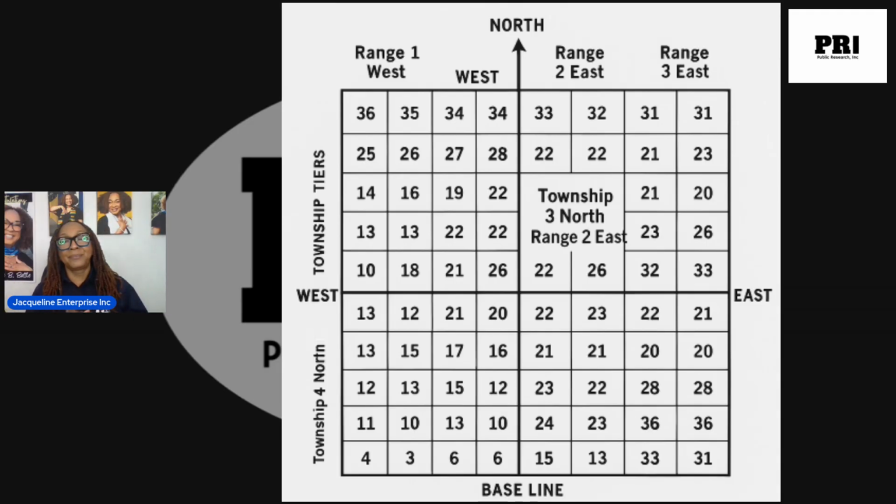We all know that. I just thought I'd say it to make sure you knew I was talking about the actual principal meridian. Okay, so it's similar to the township's north-south position, and it's defined as relative to the baseline. Look at the bottom, you see the baseline. And that baseline is a reference for latitude.